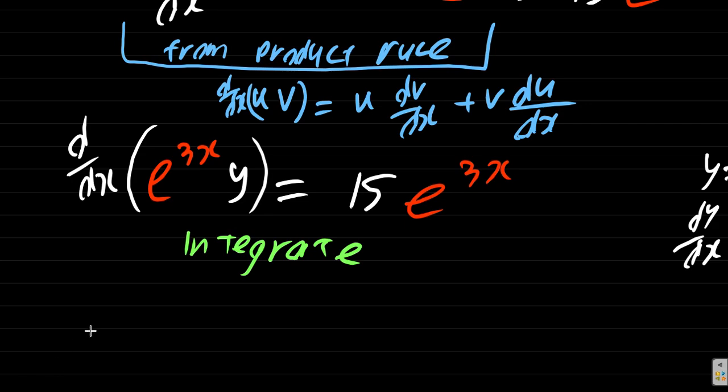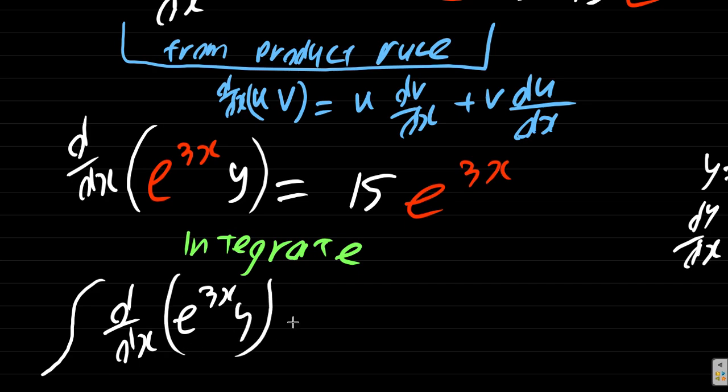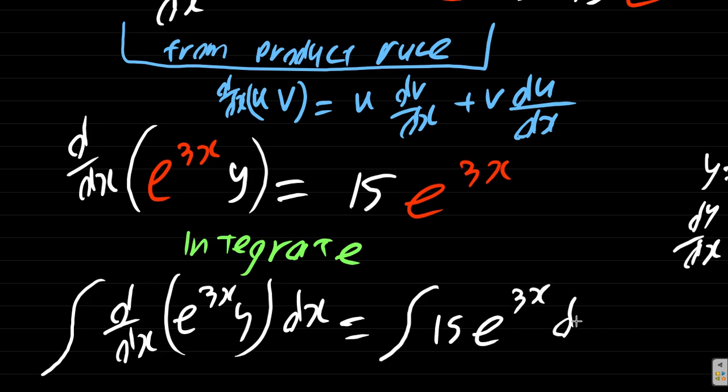You integrate both sides. So the integral of d by dx of e to the 3x times y dx, you're integrating with respect to x, is equal to the integral of 15e to the 3x dx.